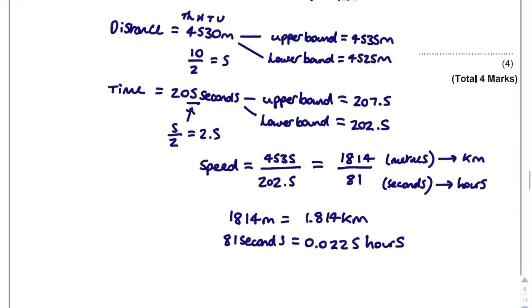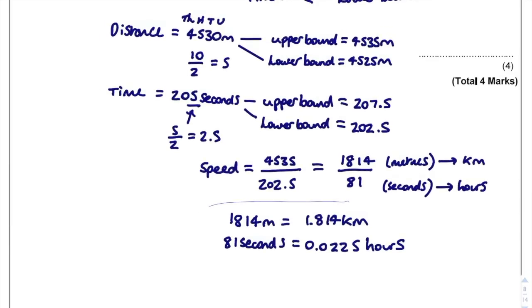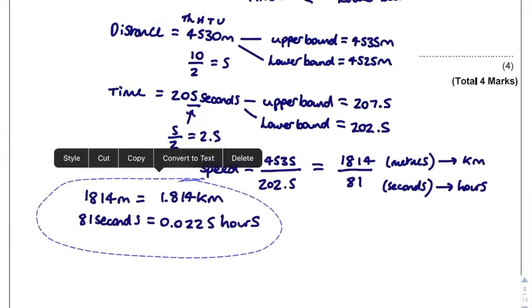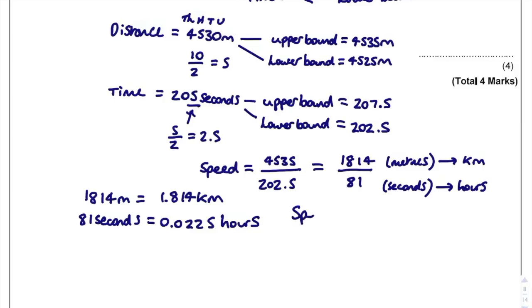So, our speed is now going to be 1.814 divided by 0.0225.